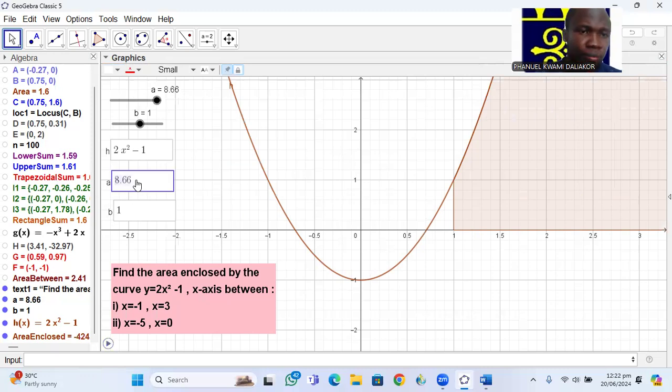So now with this equation we are finding the area between the curve y equals 2x squared minus 1. The x values are starting from what?